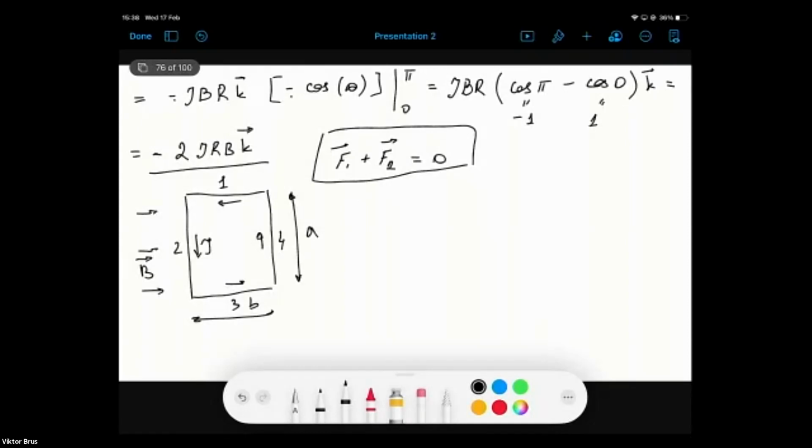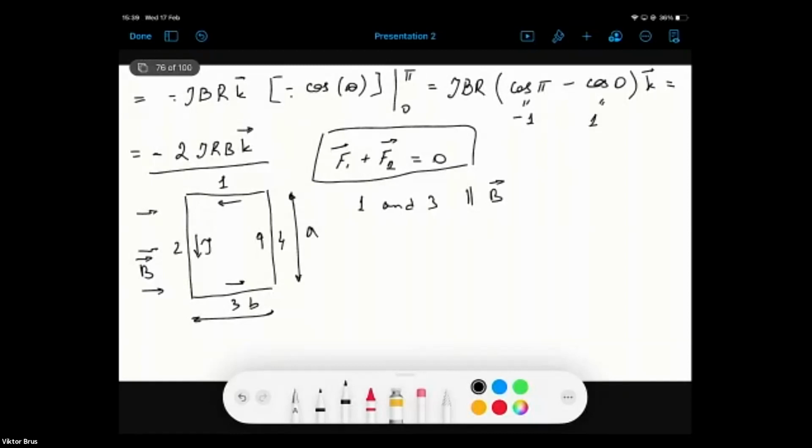So segments 1 and 3 are parallel to the magnetic field vector in this given position. So we imagine how it's aligned. The plane of this loop is parallel to the plane of the image, and sides 1 and 3 are parallel to the magnetic field vector.